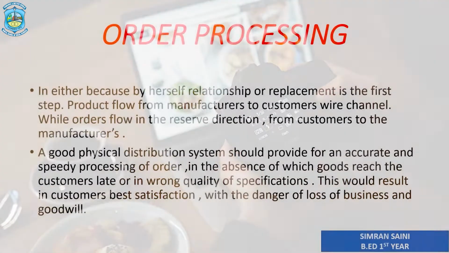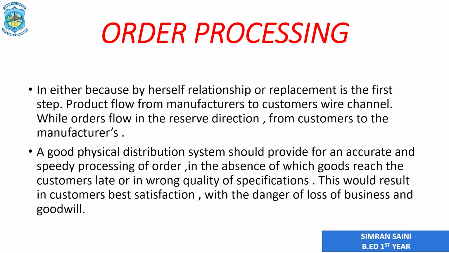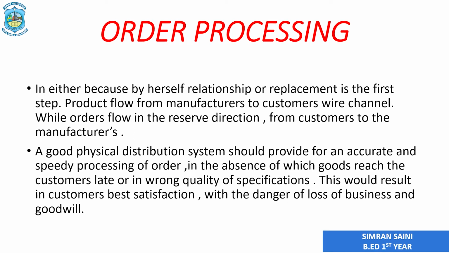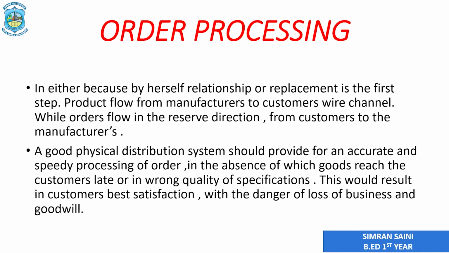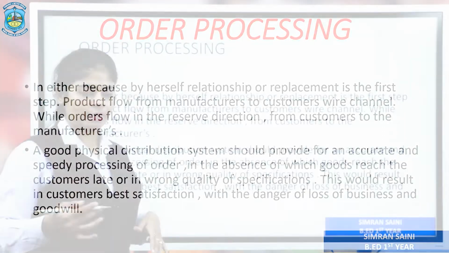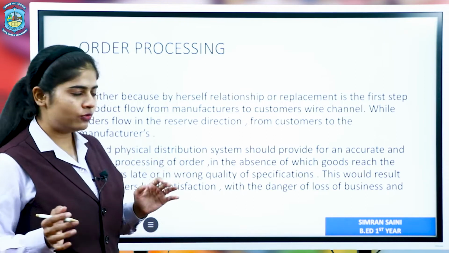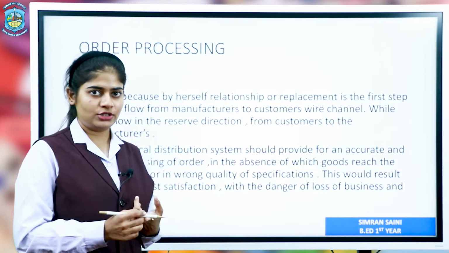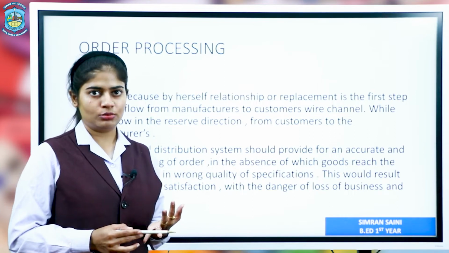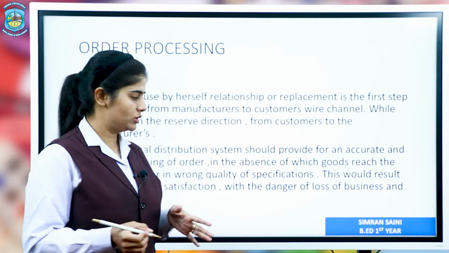So order processing is the product flow from manufacturers to the customer, where channels combine together and deliver the product to the consumer step by step. In the ordering process, the flow is like manufacturer to wholesaler, retailer, and then the consumer, or we can say the customer by whom the product is used.